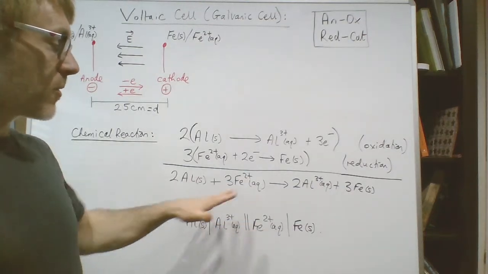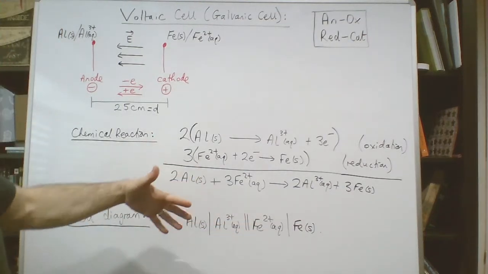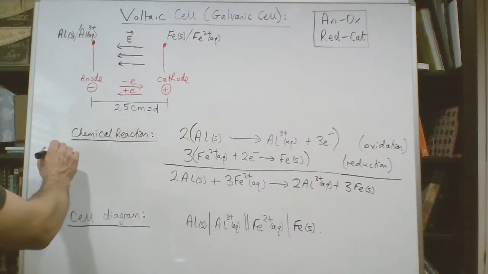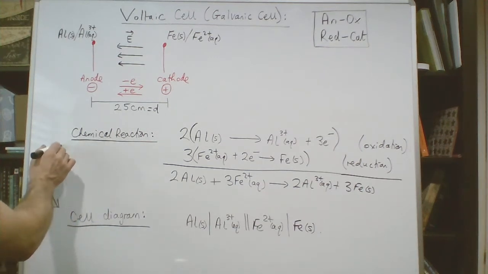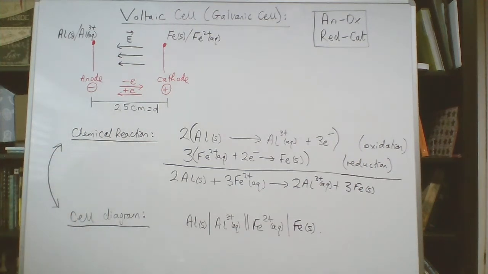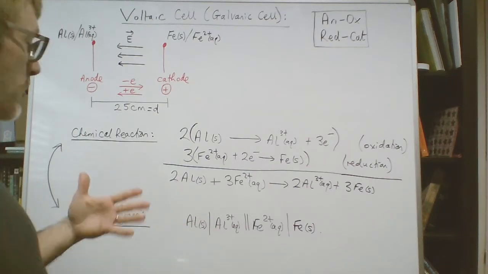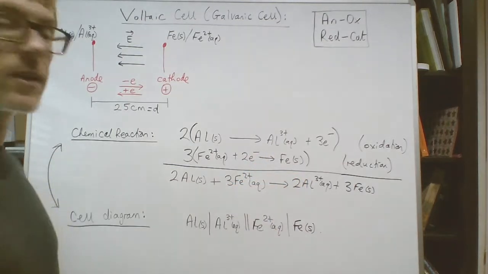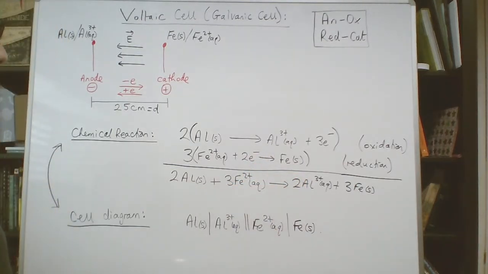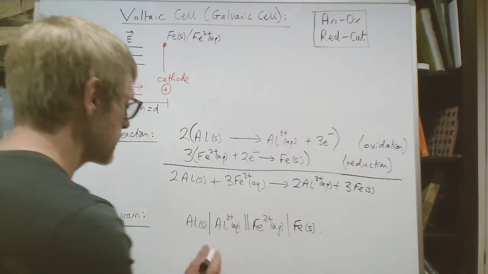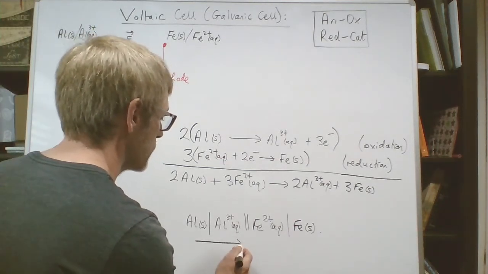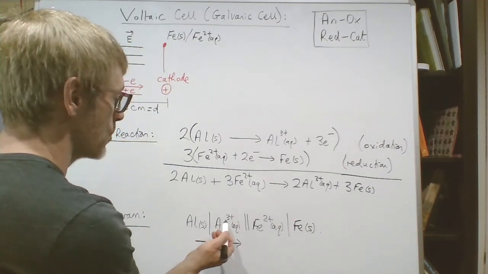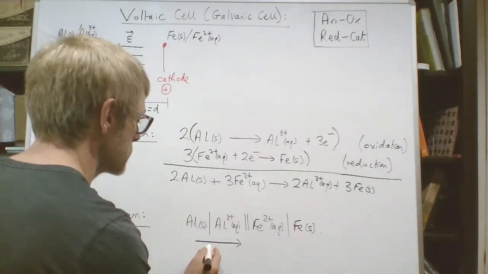Notice, it's important that a student has the skill to be able to go from a cell diagram to a chemical reaction and vice versa. You might be given one of them and you might need the other one to do a specific calculation. But we can see that if we just read it left to right, we've got aluminum going to aluminum 3 plus. Well, that's just oxidation.